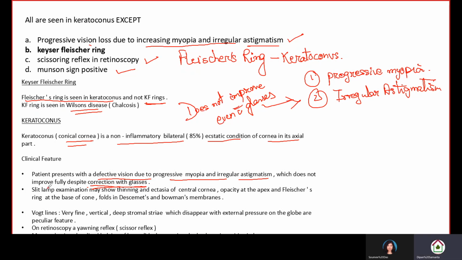Astigmatism. Next, slit lamp examination is done. And we get thinning and ectasia of the central cornea, opacity at the apex and Fleischer rings at the base of the cone, folds in Descemet's membrane and Bowman's membrane.